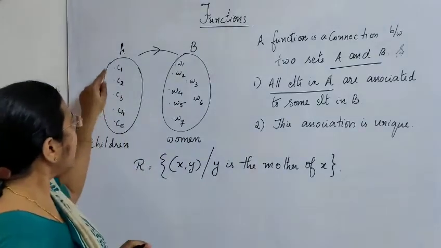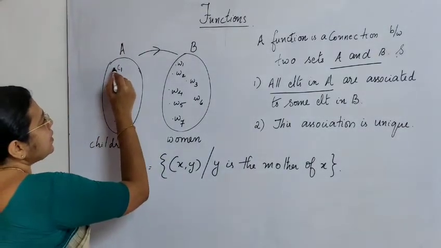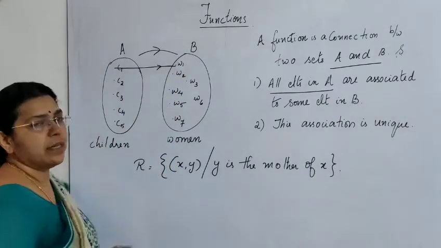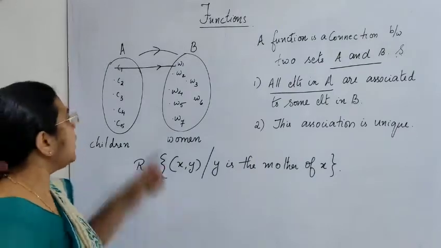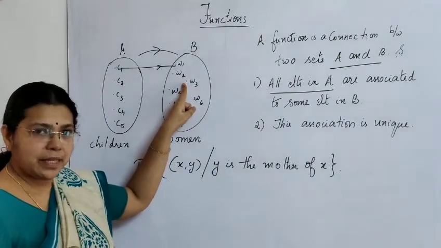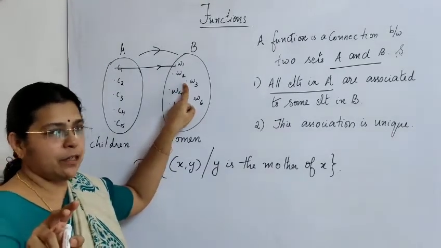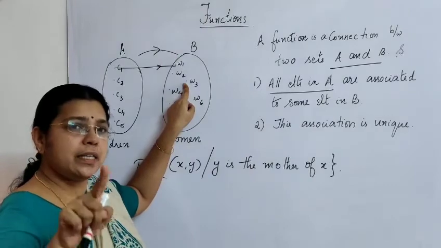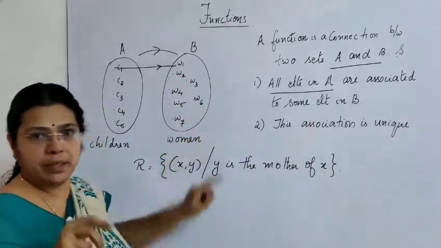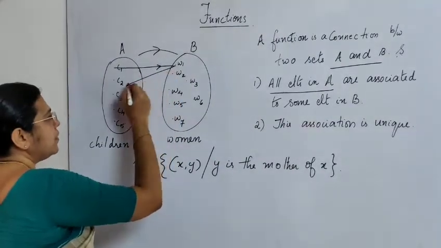Now, child 1, which I notate as C1, is associated to this mother or woman W1. This child cannot be associated with any other mother. Can a child have two biological mothers? No. So a child is associated to only one mother. A mother can be associated to two children, isn't it?